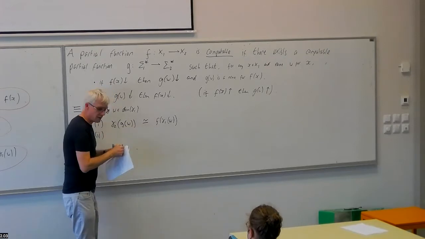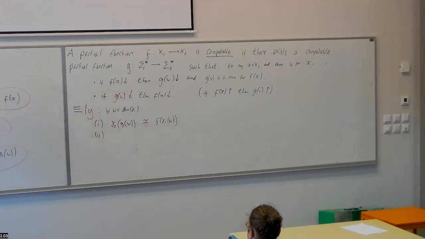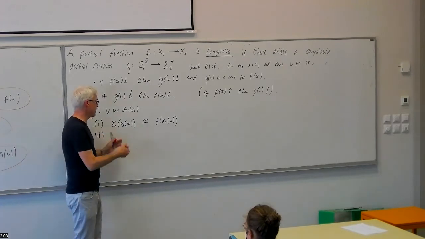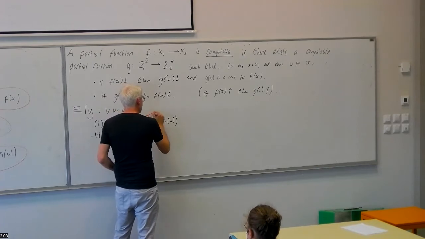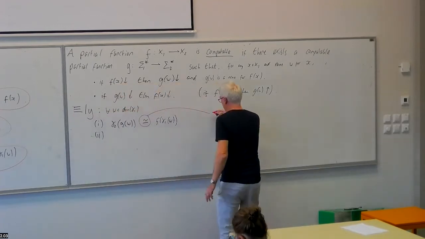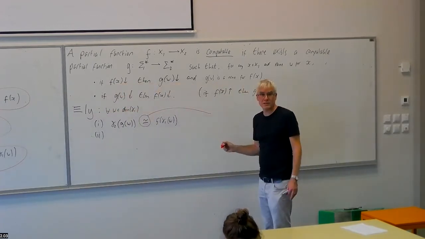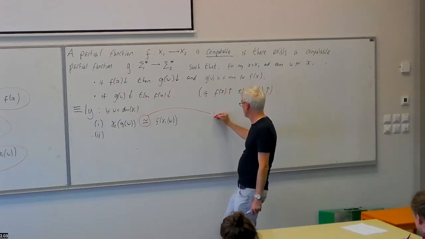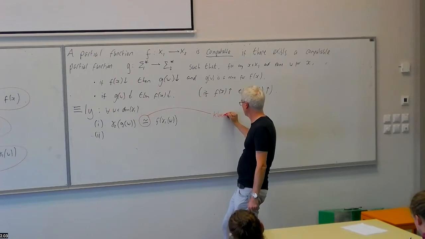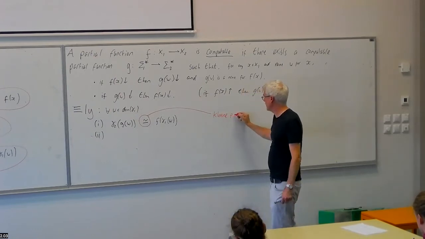This relation is a mathematical relation between expressions that are potentially undefined, and it's called Kleene equality, after Stephen Kleene. His real name was actually Stephen Kleene, but everybody now calls him Kleene. This is called Kleene equality.